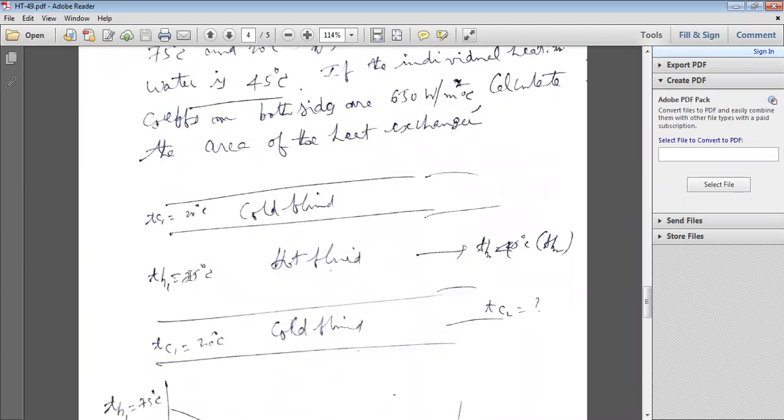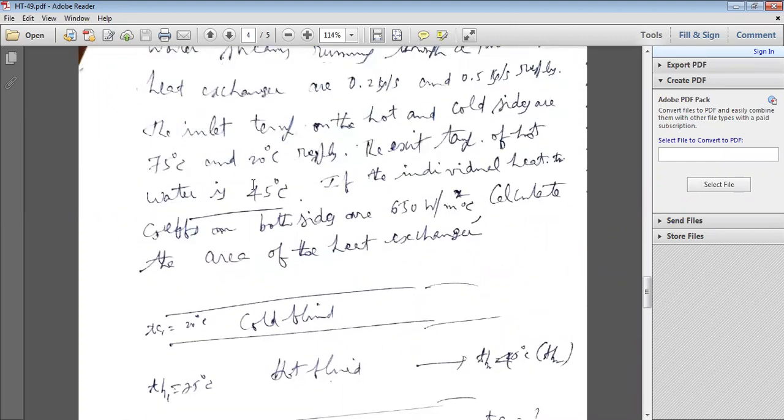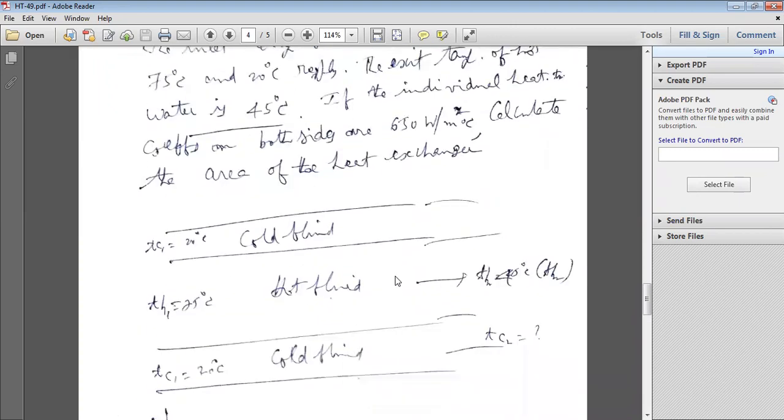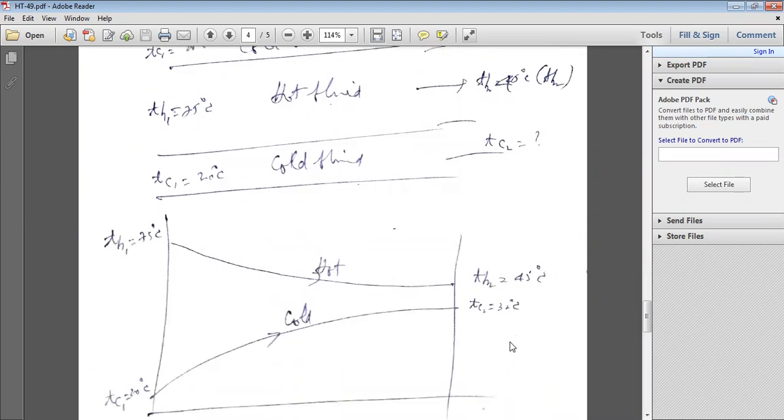Here hot fluid TH1 is 75 degrees centigrade, TH2 is 45 degrees centigrade, and on the outer side, in the shell, the cold fluid is flowing in the same direction because it is parallel flow. TC1 is 20 degrees, TC2 is not given. That is to be calculated.